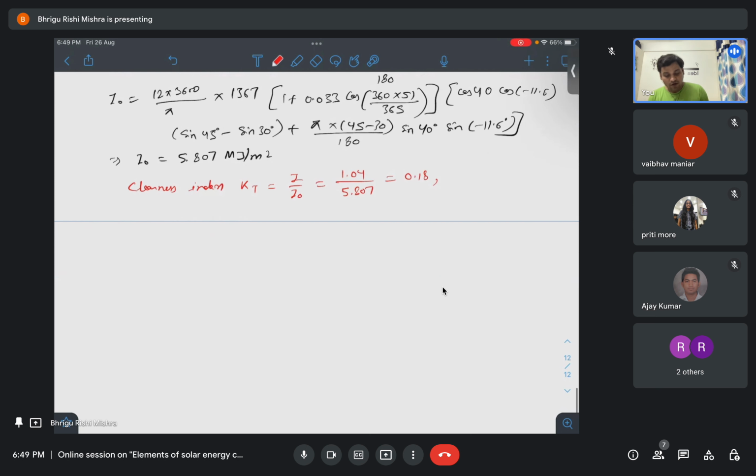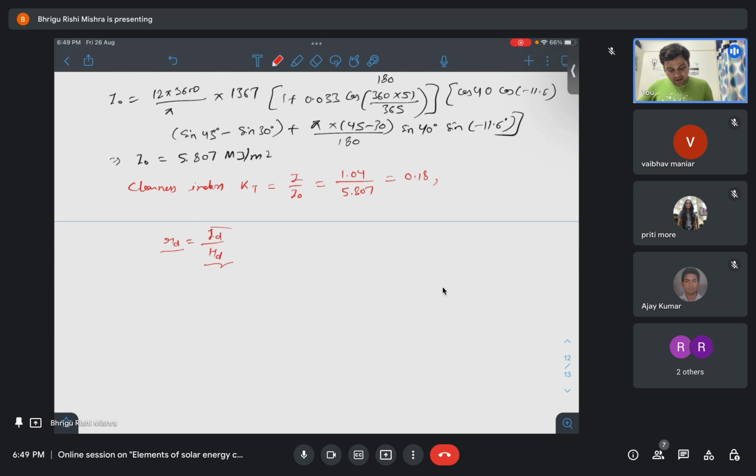Okay, now we need to calculate the hourly diffuse radiation ID. So if you remember the lecture, there was a relation to calculate hourly diffuse radiation given as RD equals to ID by HD. Here this HD is the monthly average diffuse radiation, RD is the diffuse factor, and ID. So if you know these, and there are expressions for RD which involve the hour angle, sunrise sunset angle, you can check the previous lectures.